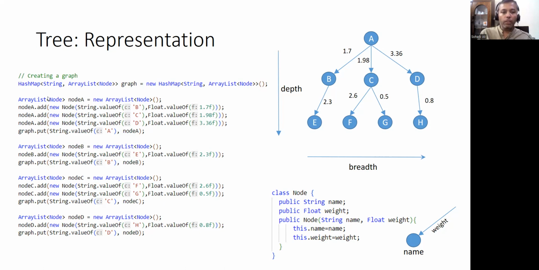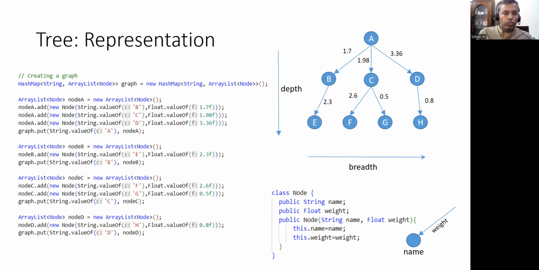Okay. What this means is that, for example, I can define an array list of node A's children, and then I'm going to add these children, which in this case are B, C, and D. I'm going to add these three nodes as node A's children.